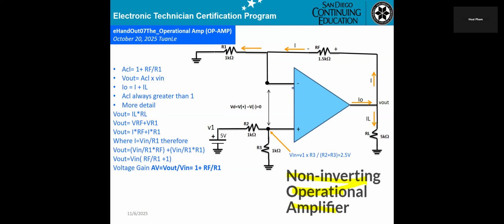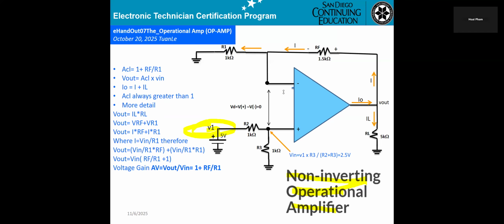For non-inverting, they connect the input V1, 5 volt, through R2 to the positive input.